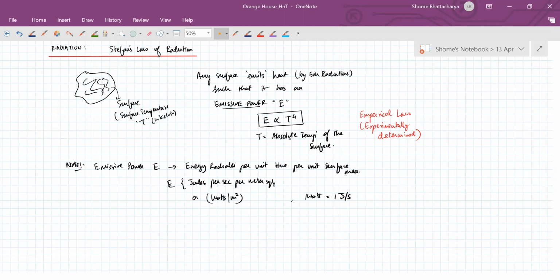Let us understand further about Stefan's law by understanding the constant of proportionality.